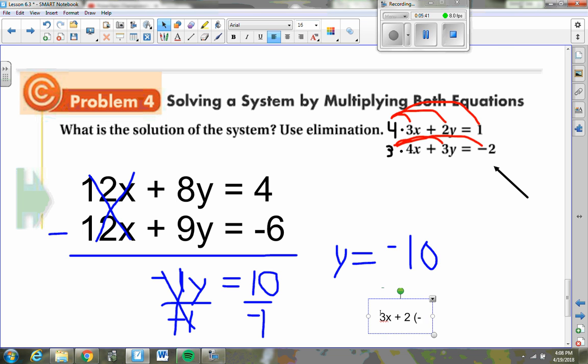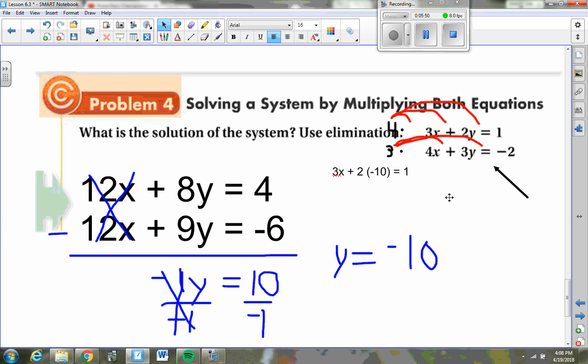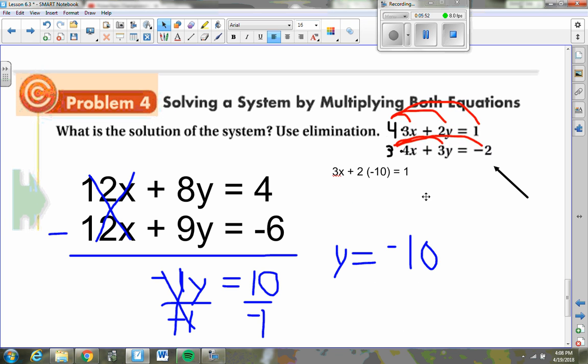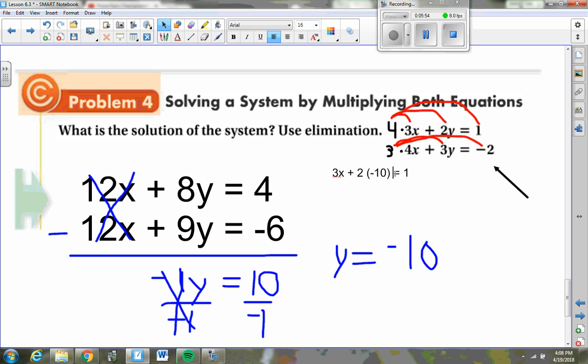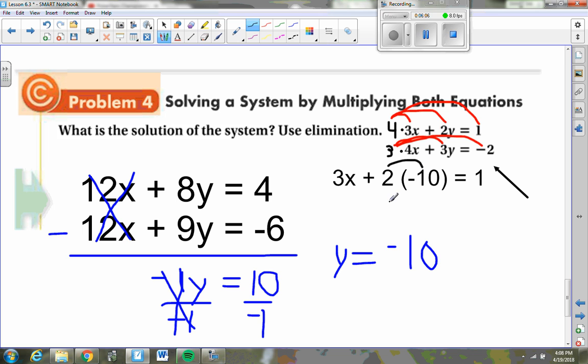But now I know my y number is a negative 10. So I'm going to multiply 2 by negative 10, and that equals 1. So this is the equation that I'm going to try to solve to find my x variable, right? So if I multiply here, 2 times negative 10 makes negative 20. 3x minus 20 equals 1 is what that equation says.